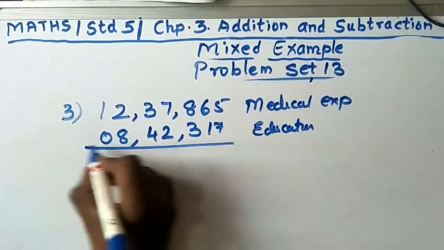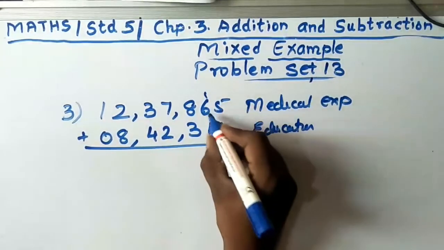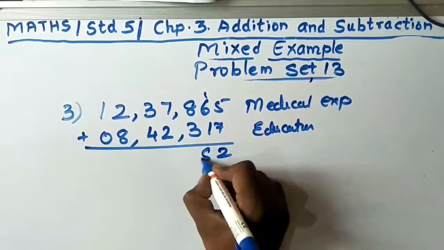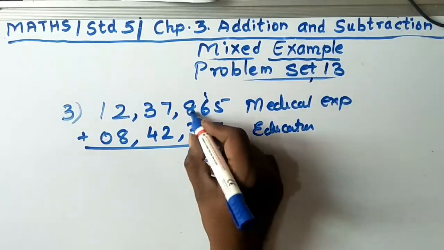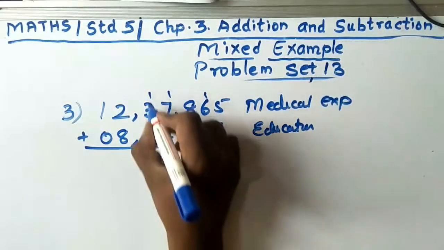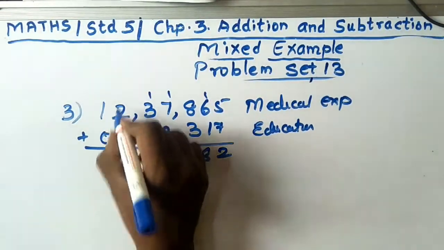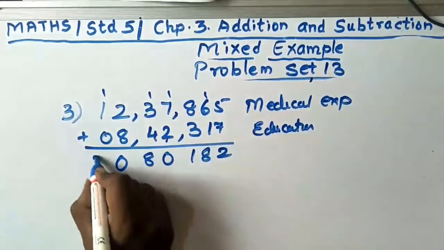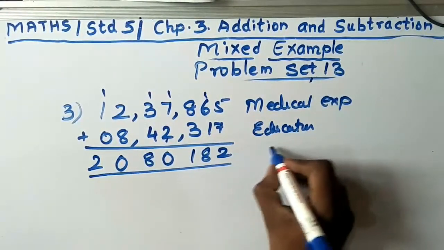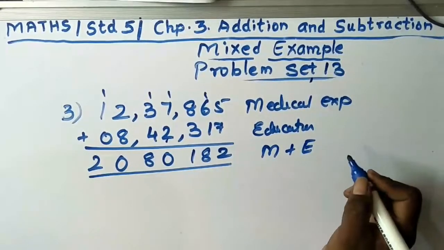So let us add this. 5 plus 7, 12, 1 carry, 6 plus 1, 7, plus 1, 8, 8 plus 3, 9, 10, 8, 9, 10, 11, 1 carry, 7, 8, 9, 10, then 4, 5, 6, 7, 8, 2, 8, 9, 10 and 2. So this is the medical expenses plus education expenses.